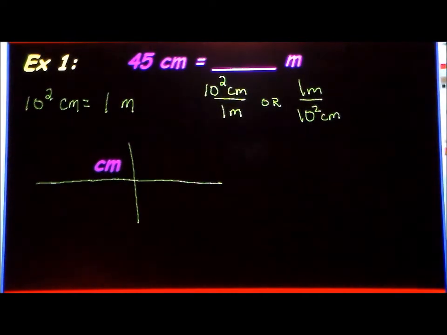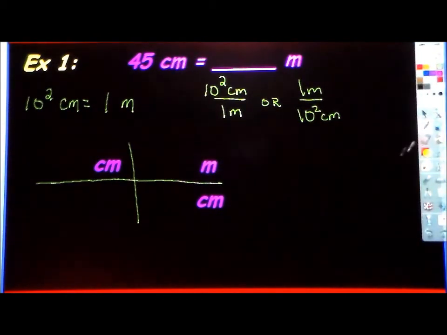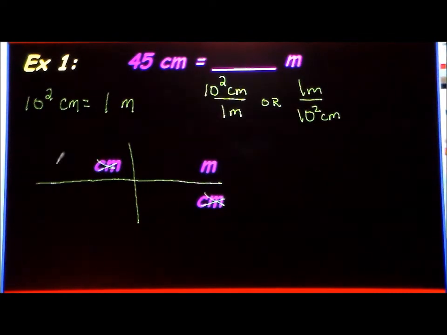So just like in the unit conversion lesson, since I want centimeters to go away, I need to have the one that we start with from the problem put on the top here, and then the one we're going to use to cancel out on bottom. So that means I need centimeters over meters. So centimeters will be gone. I have 45 to start with because that's what's in the problem.